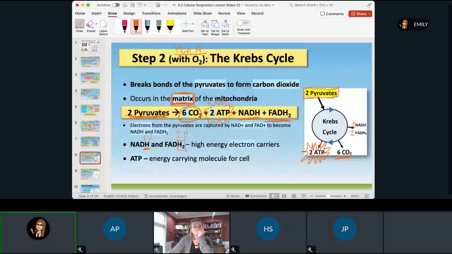Now, we will ask you to keep track of the number of ATPs. You don't have to keep track of how many NADH and FADH2s we're using. Okay. Questions on the Krebs cycle.